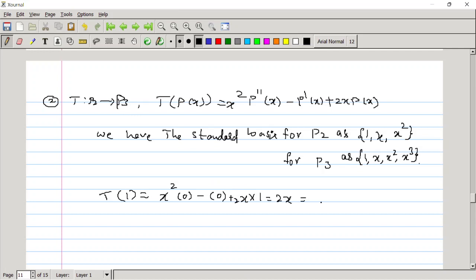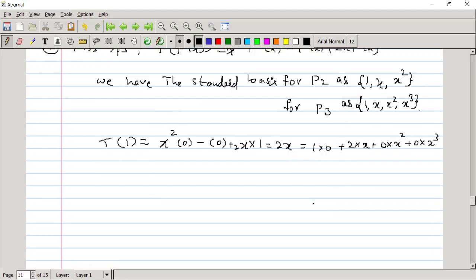So I have to write the element 2x as a linear combination of the basis elements of P3: 0 times 1 plus 2 times x plus 0 times x square plus 0 times x cube.